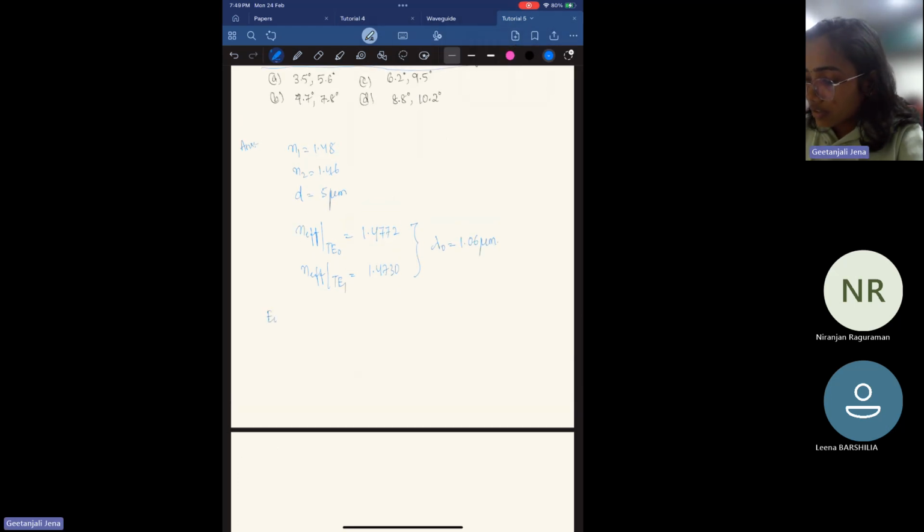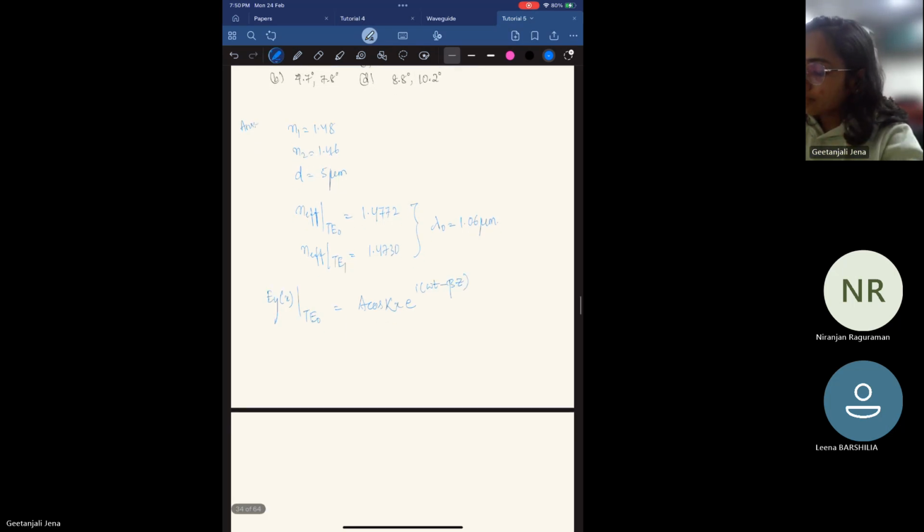So if you recall, Ey for TE0 is A cos kappa x e to power i (omega t minus beta z). And cos kappa x, you write it as (e to power i kappa x plus e to power minus i kappa x) over 2, times e to power i (omega t minus beta z).